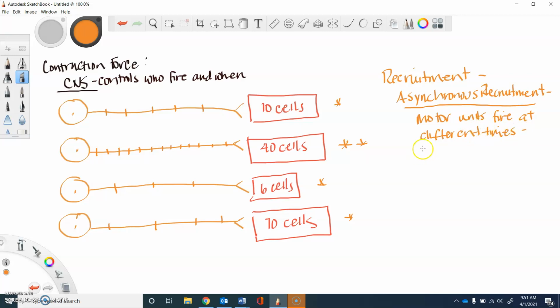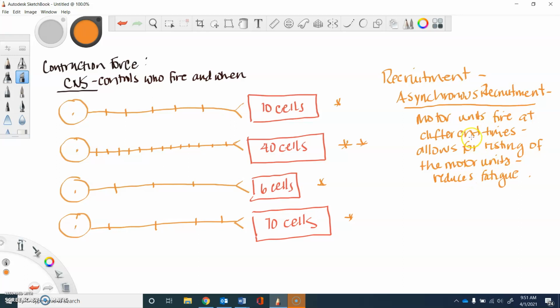And this allows for resting of those motor units and reduces fatigue.